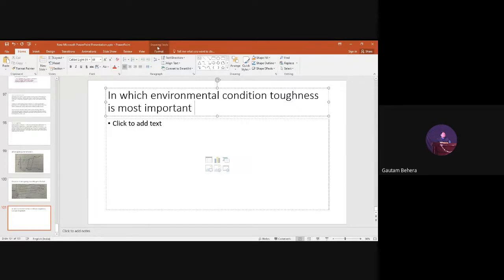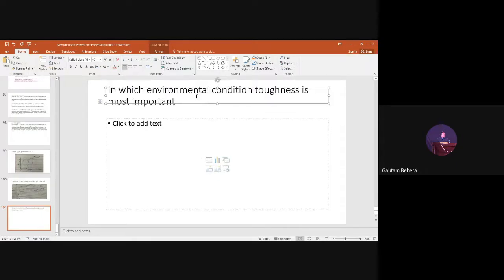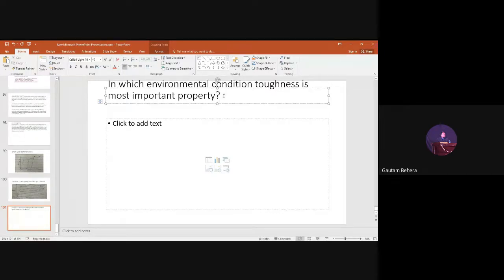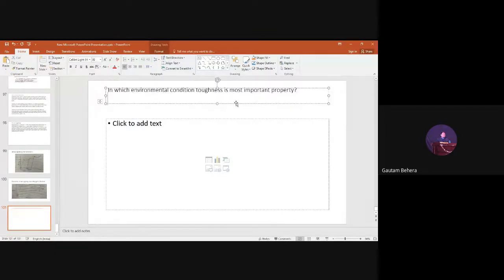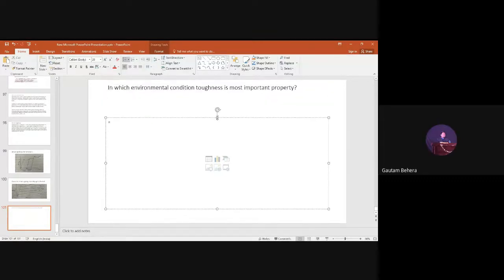Nobody is saying anything. Environmental condition means I am talking about temperature, pressure, and all. Pressure is atmospheric pressure, that is fine, but I am talking about temperature. Okay, sir, at high temperature, toughness is an important mechanical property.